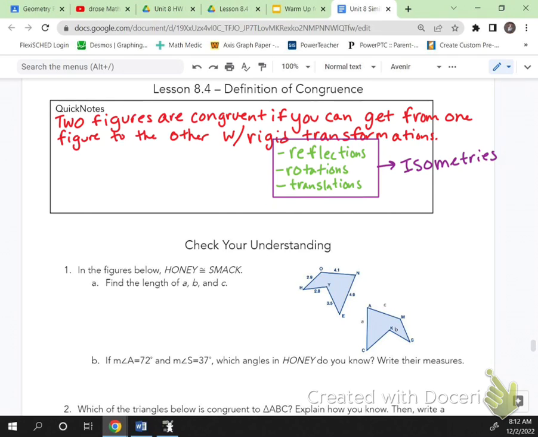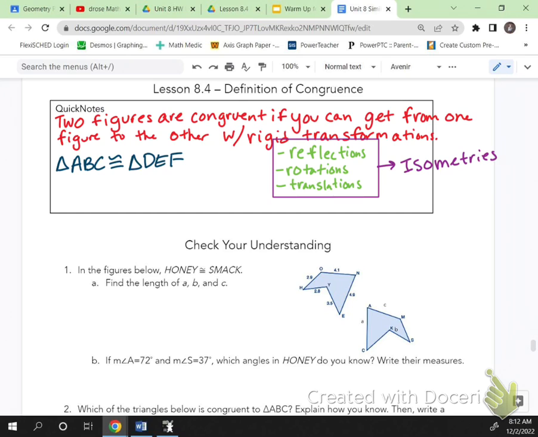We also have to look for corresponding parts to match up. So I'm going to write a congruent statement. Triangle ABC is congruent to triangle DEF.